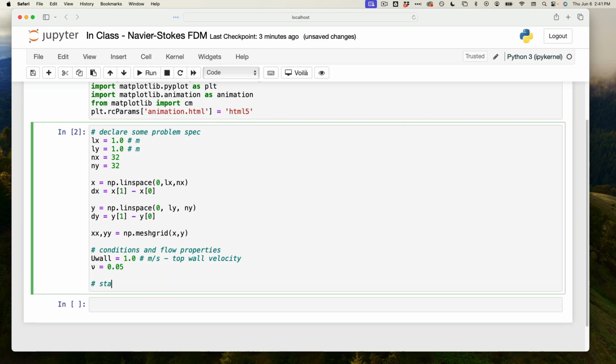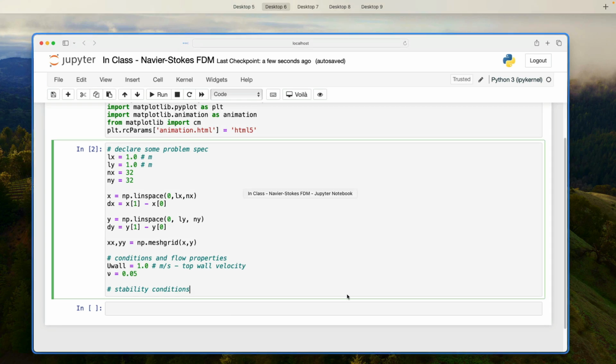Now we'll do stability conditions. So we will just do one. In practice, you will want to do this at every time step. Check your time step size.